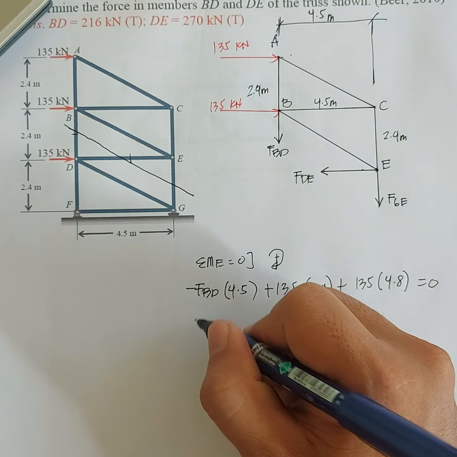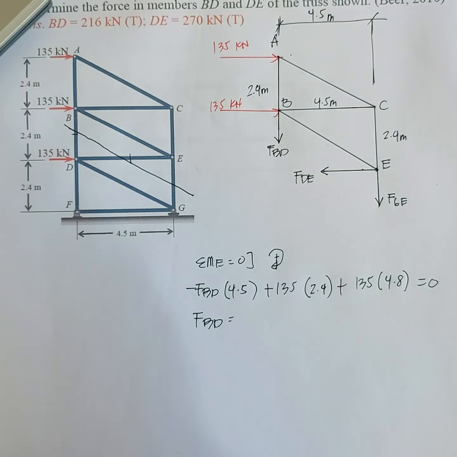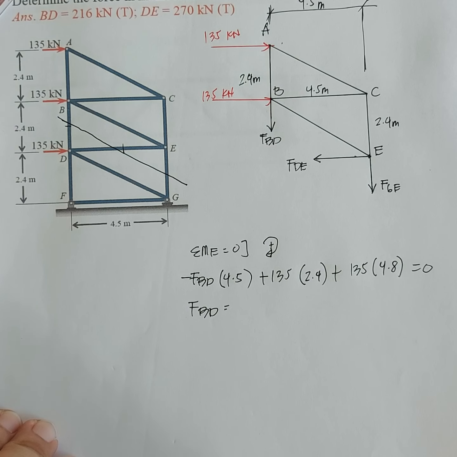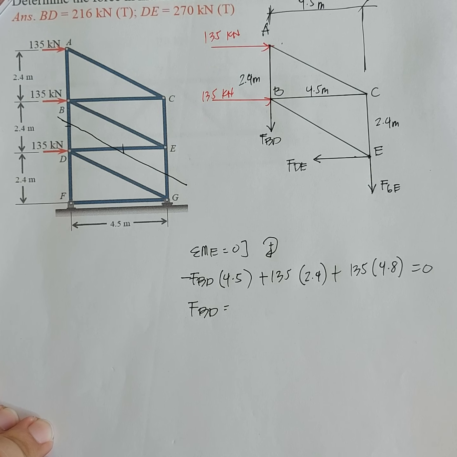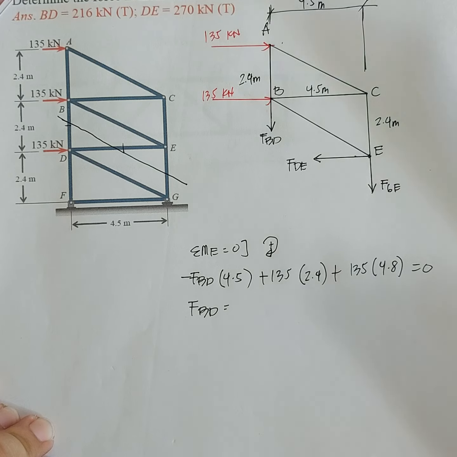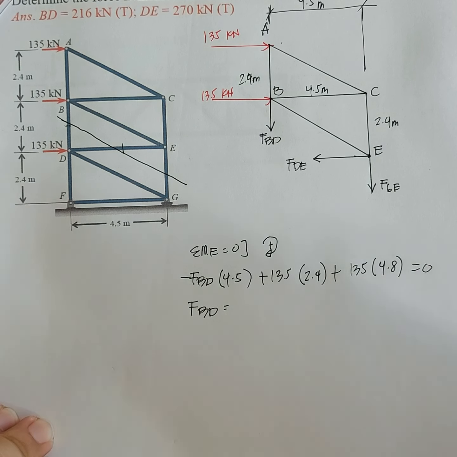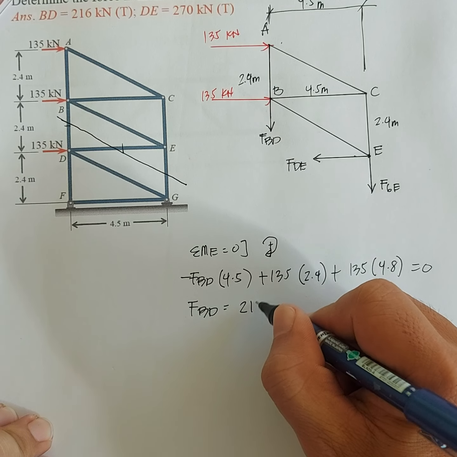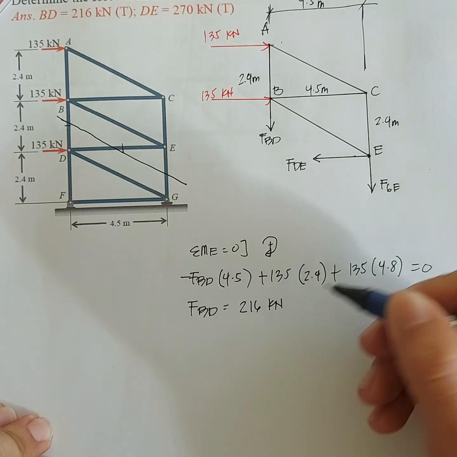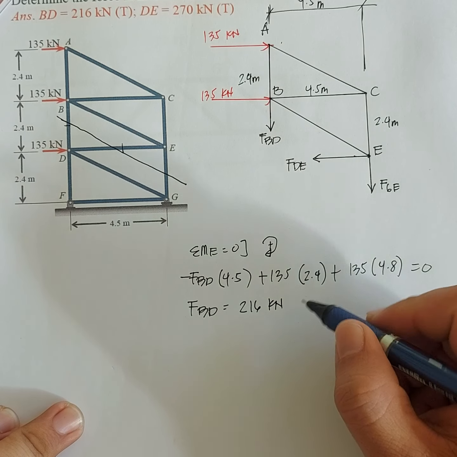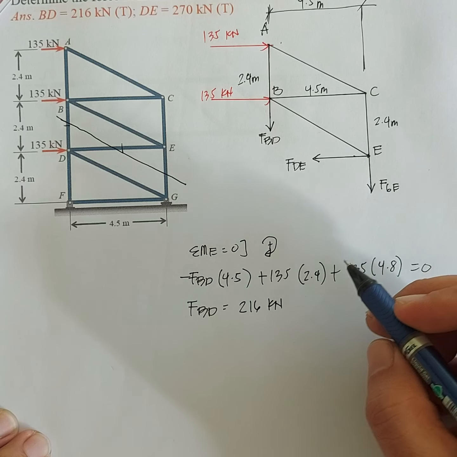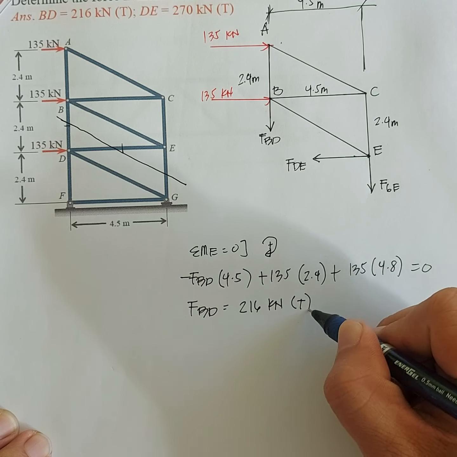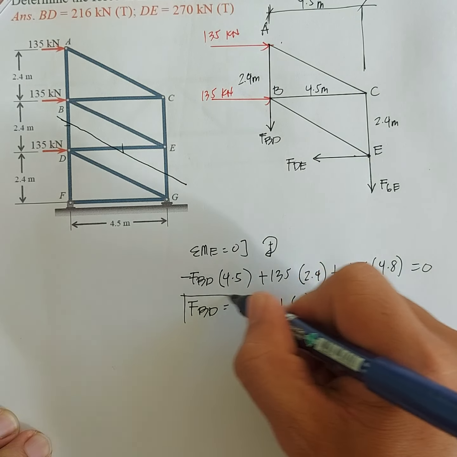Equate this one to 0. So FBD is equal to 216 kilonewtons, positive, which means that we have the correct assumption that FBD is in tension. Okay, so we're done with FBD.